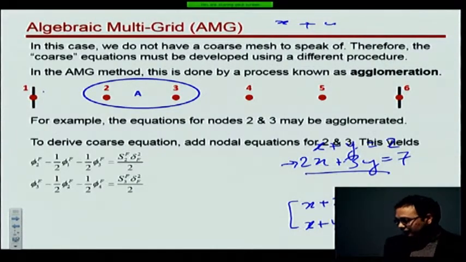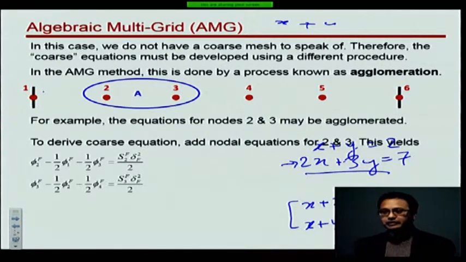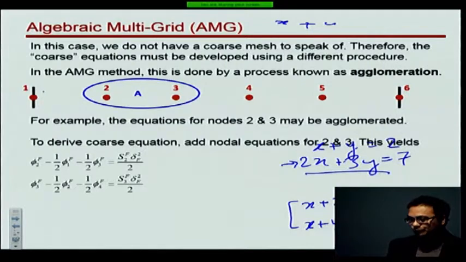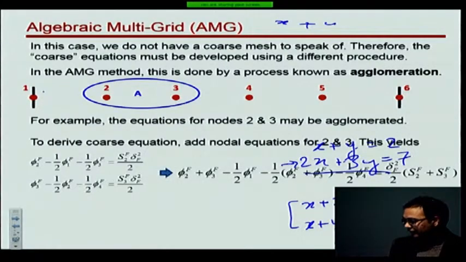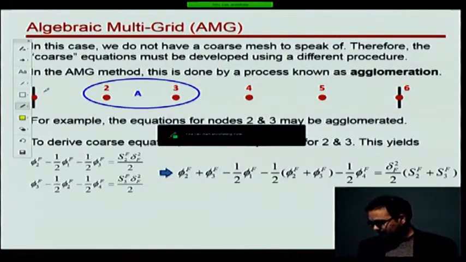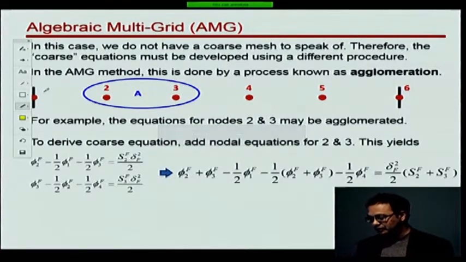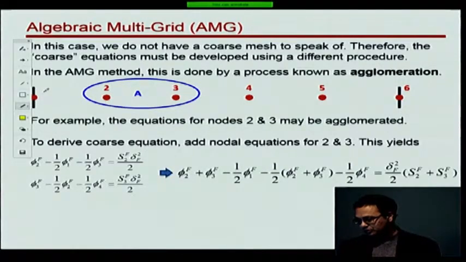So what I do is I start with my fine mesh equations as I've written there, those two. What I've done here now is I've added those two equations. So you see I have phi2, phi2, phi3, and then minus of these guys.